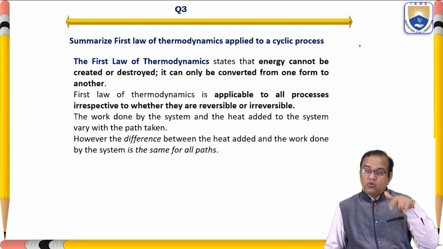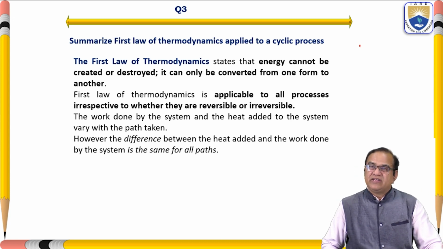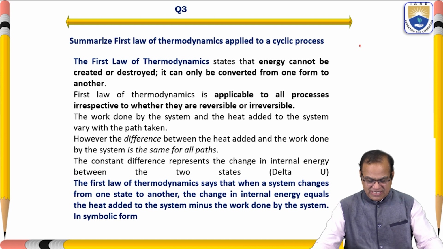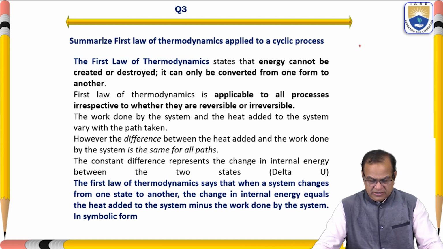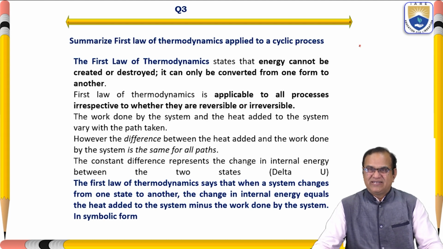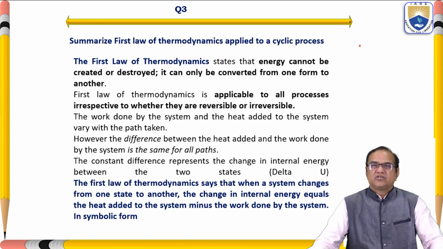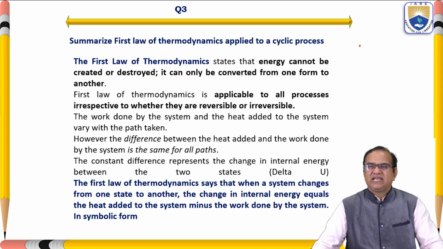So this U we have obtained with the help of the first law of thermodynamics. Here we can see that the constant difference represents the change in internal energy between the two states, that is delta U. The first law of thermodynamics says that when a system changes from one state to another, the change in internal energy equals the heat added to the system minus the work done by the system.